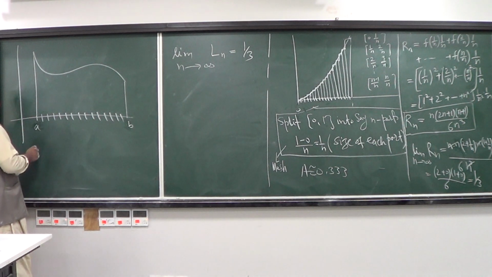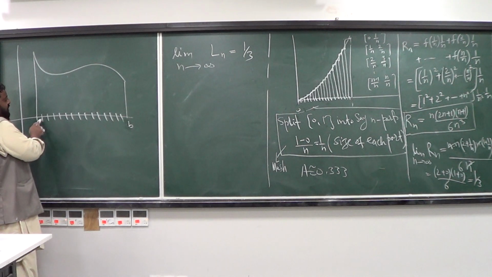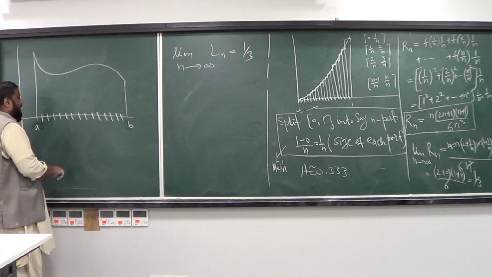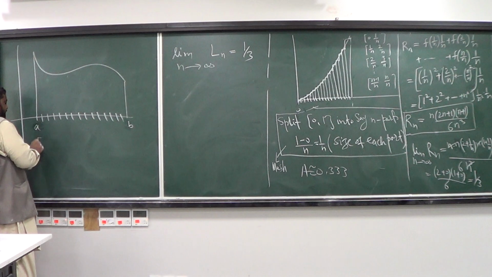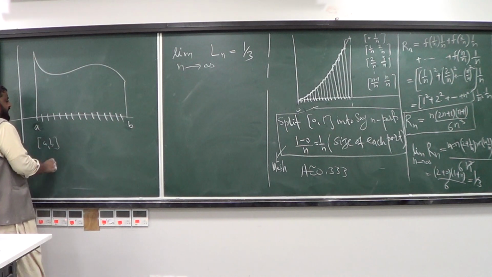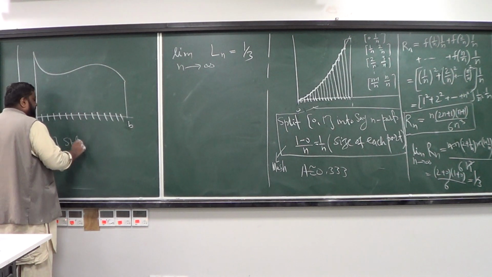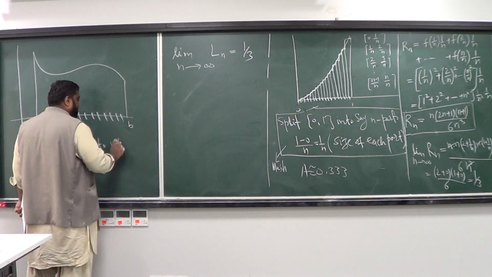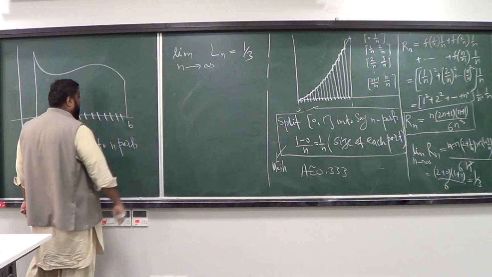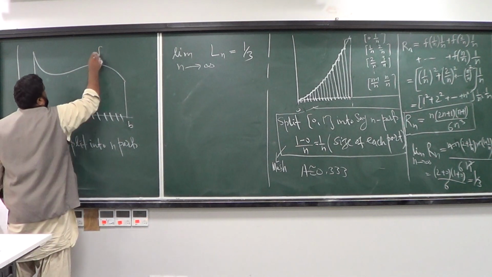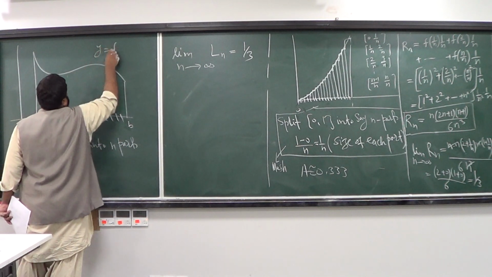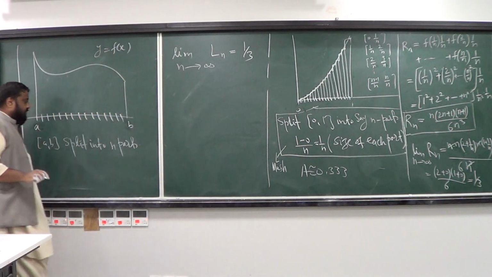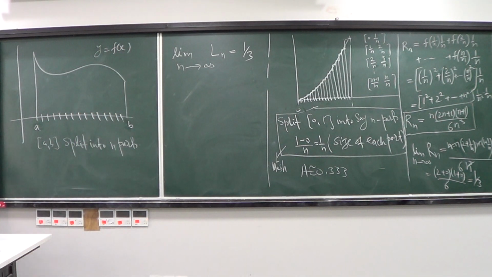Now, say I know how many these subintervals are. So I have this interval A to B, and I want to split it into n parts. Say this function is some function y equals f of x.